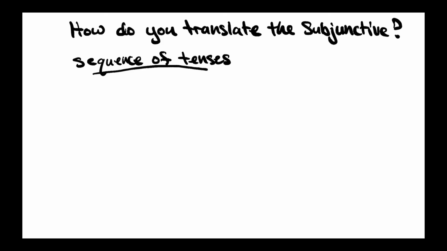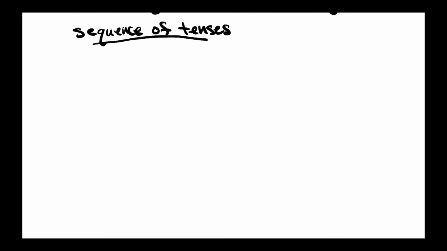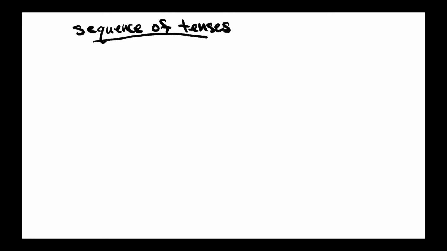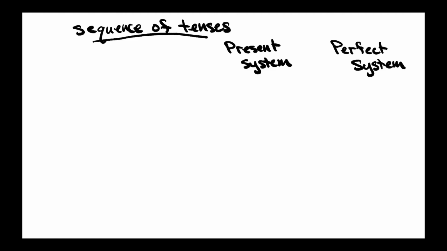There are two ways to categorize tenses in order to sift through this. This is what's called the sequence of tenses. You've got what we've talked about before, the present system and the perfect system, and that's one important distinction.